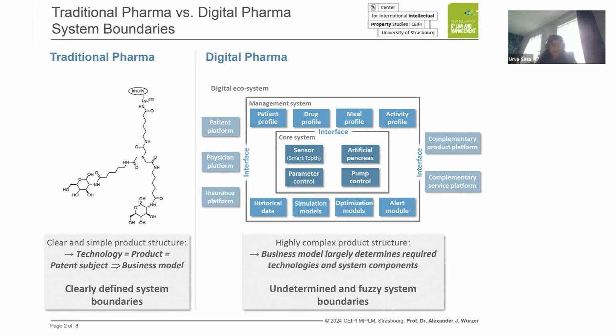So this makes IP mapping a very complex process, and the more digital systems and components are involved, the fuzzier the IP mapping becomes, which brings non-traditional business players into the core system. With that, we move on to the next slide, please.